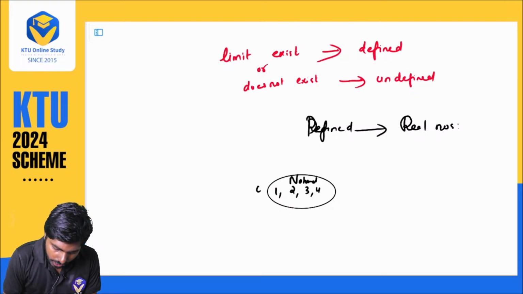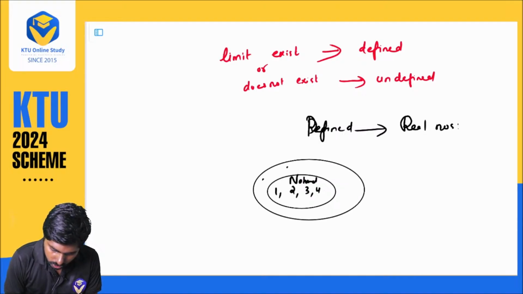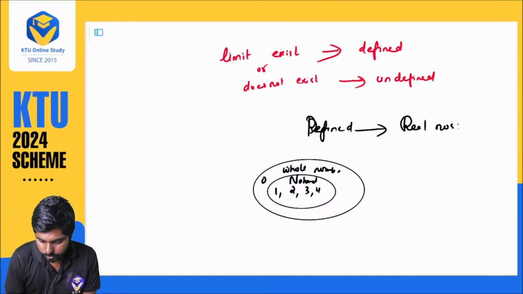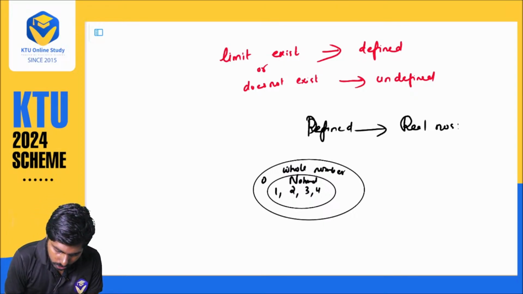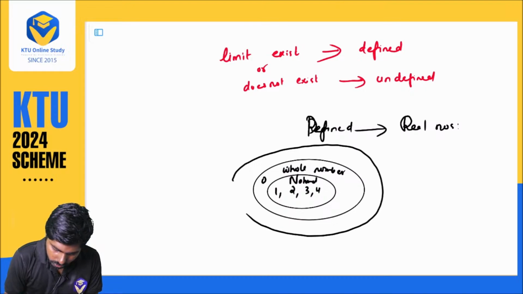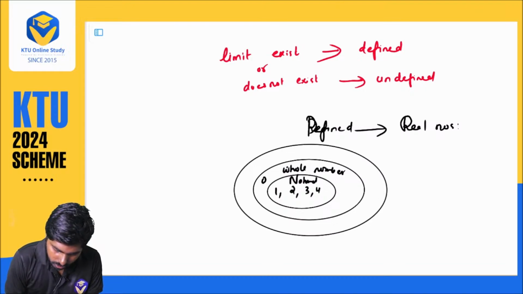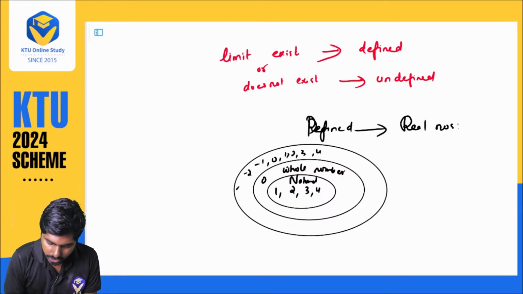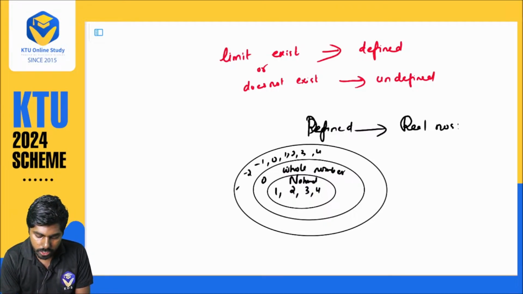Now when you add 0, we call them whole numbers. Then about integers: -1, -2, 0, 1, 2, 3, 4, and so on. Negative values including 0 are called integers.